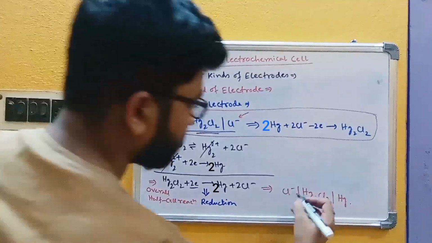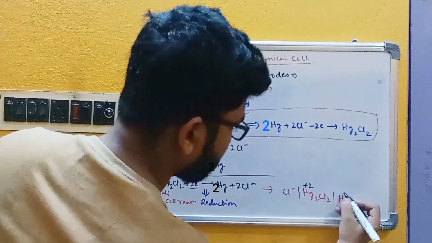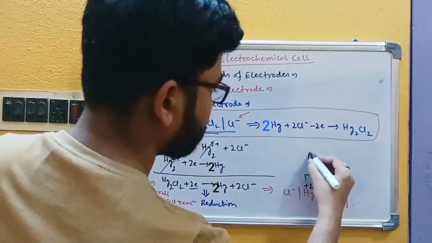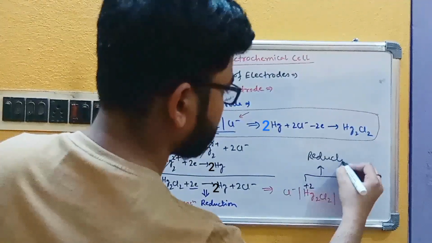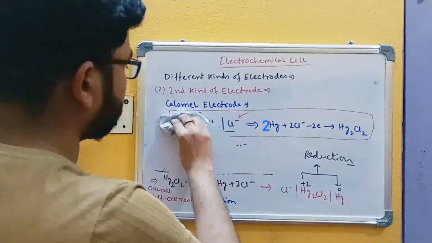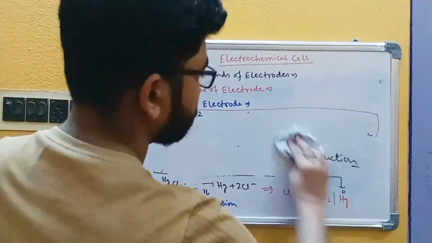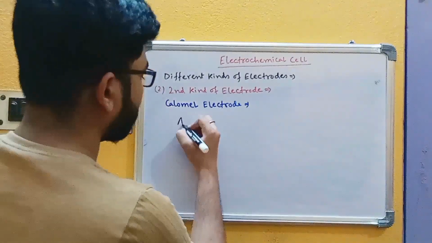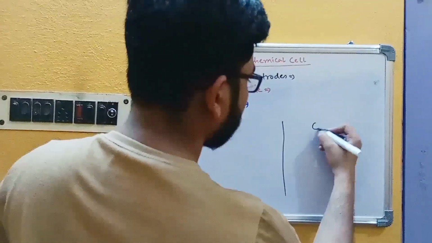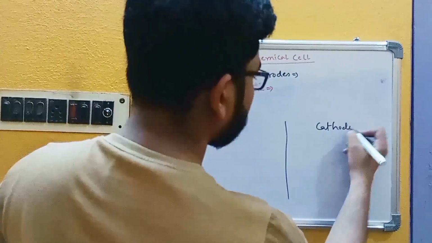Here you can see that here Ag is in +2 oxidation state and here Ag is in 0 oxidation state. So here reduction takes place. If we write over here, that is anode and that is cathode.